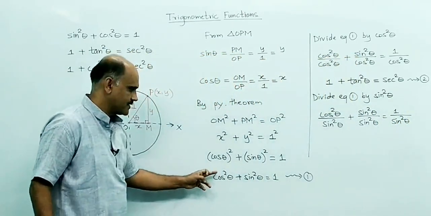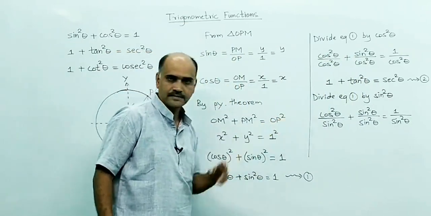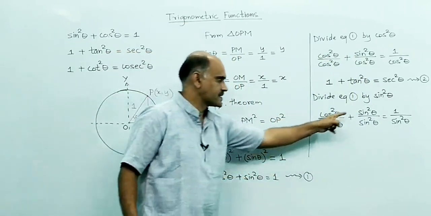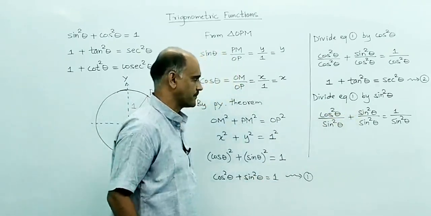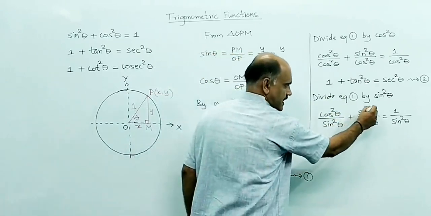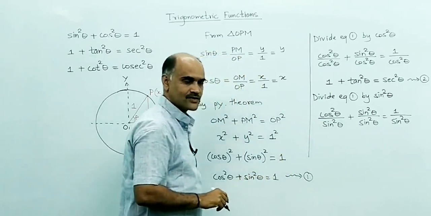So I have divided all these three terms: cos square by sin square theta, sin square by sin square theta, 1 divided by sin square theta. So here again sin square gets cancelled. Cos theta by sin theta is cot theta.